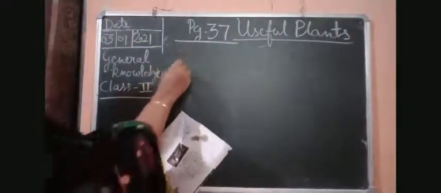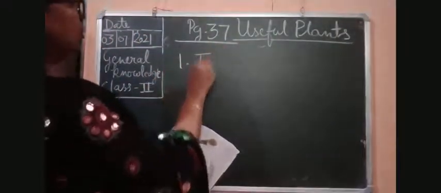The number one image is the tulsi plant, so at number 1 you just write down tulsi.